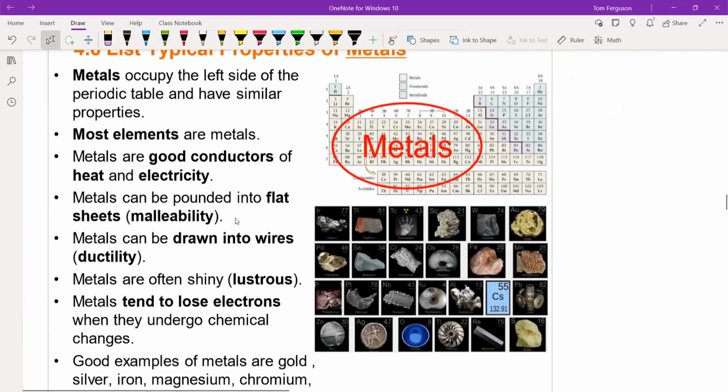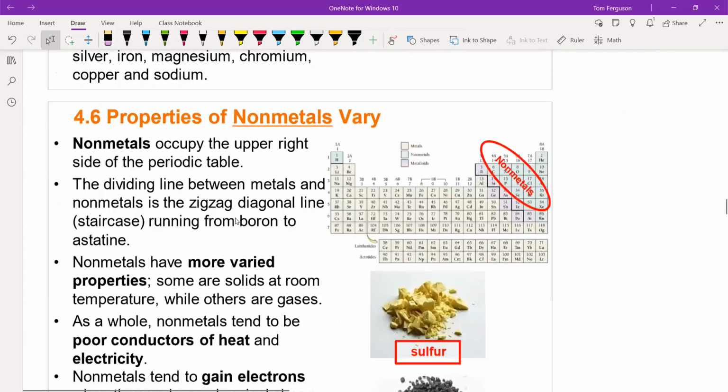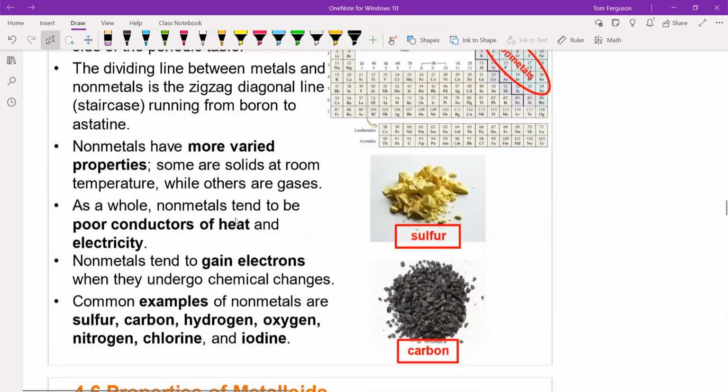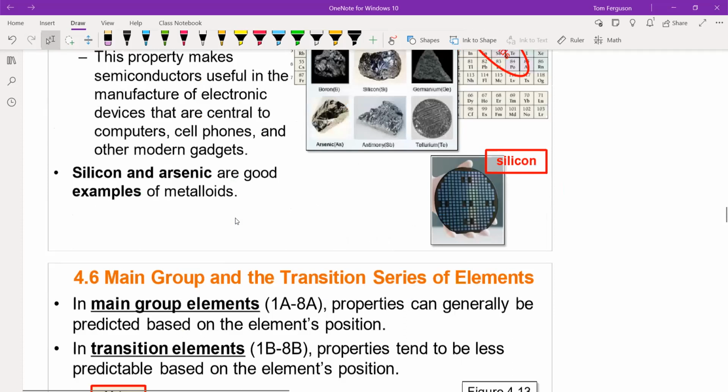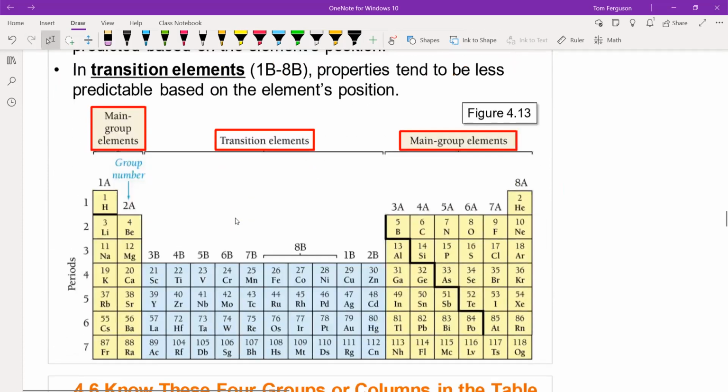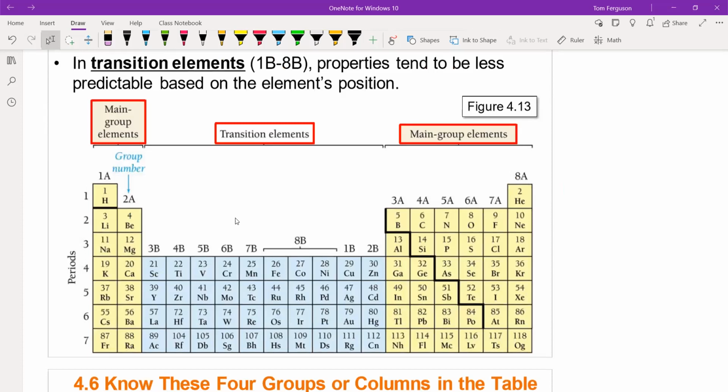And we talked about some of the properties of metals, properties of nonmetals, metalloids. Okay, so that's one way of grouping the periodic table.